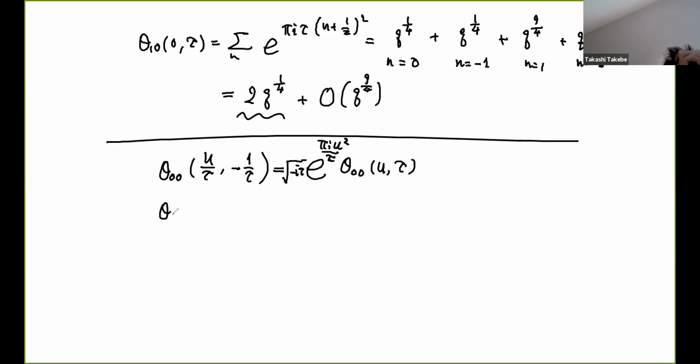Theta 0, 1 has the same correction factor, and here we have theta 1, 0.